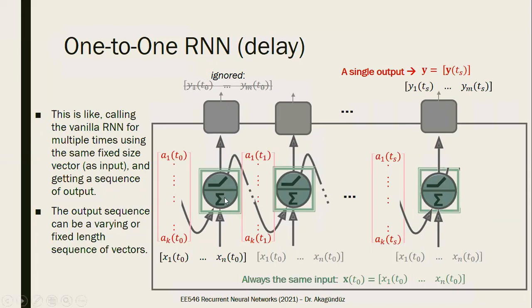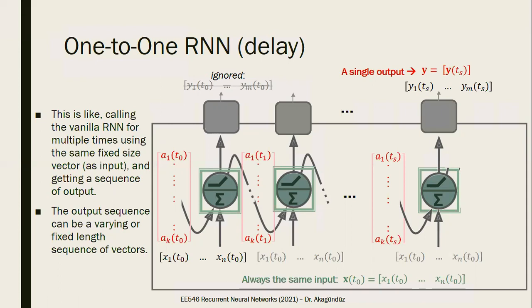Let me elaborate. This is like calling the vanilla RNN multiple times using the same fixed-size input vector because it's one-to-one. I'm always giving the same input until I get the output after some delay. That delay can be fixed or varying depending on your problem.